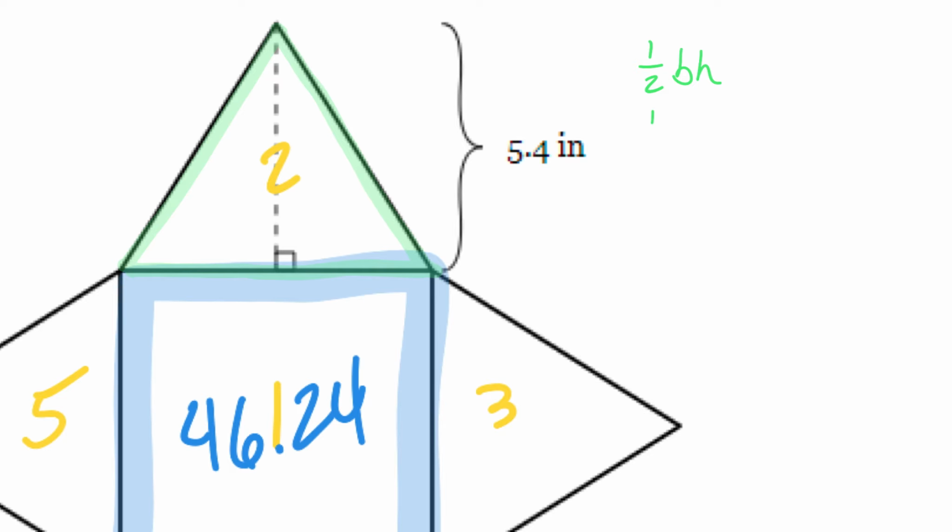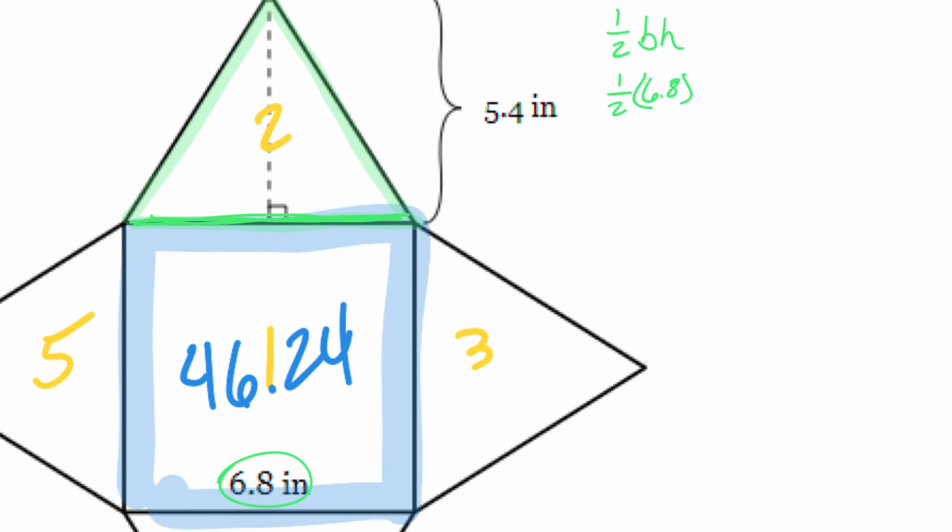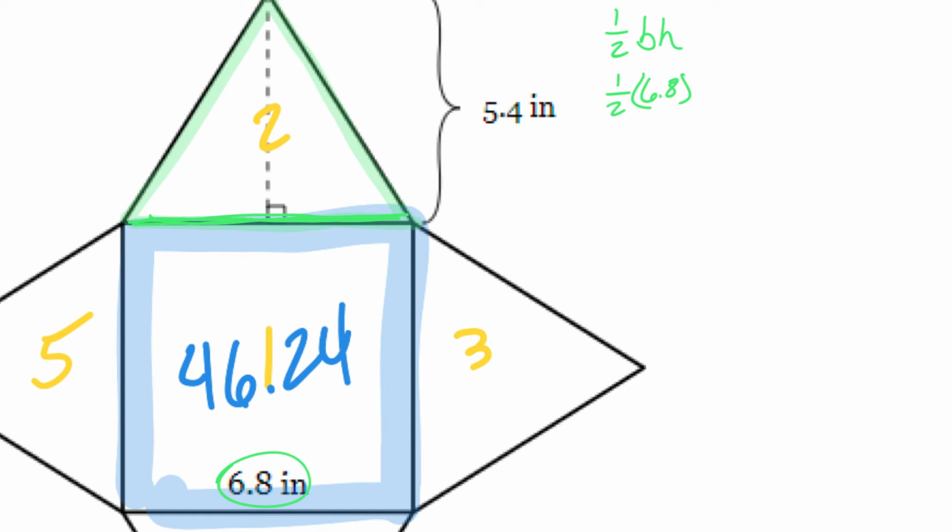Well, the base of this triangle is 6.8 because the base of this triangle is the side of the square. So if this side is 6.8, the opposite side is 6.8. And then the height of our figure is 5.4. So what we end up finding is the area of this triangle is 18.36.